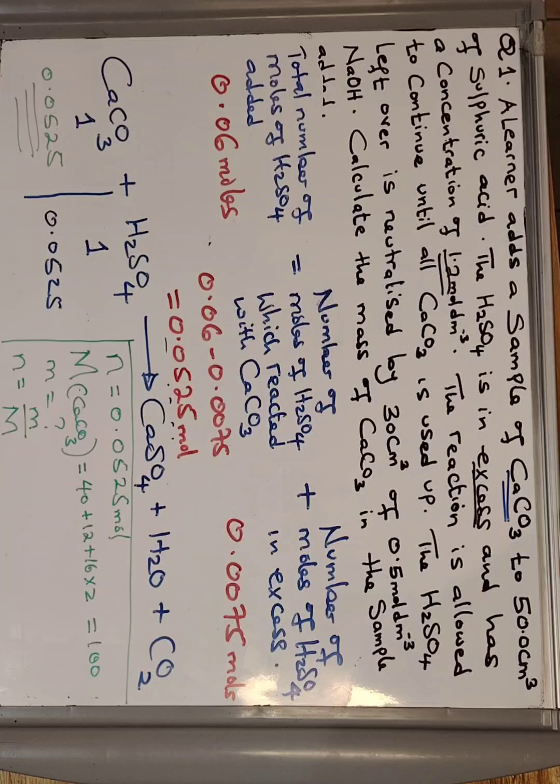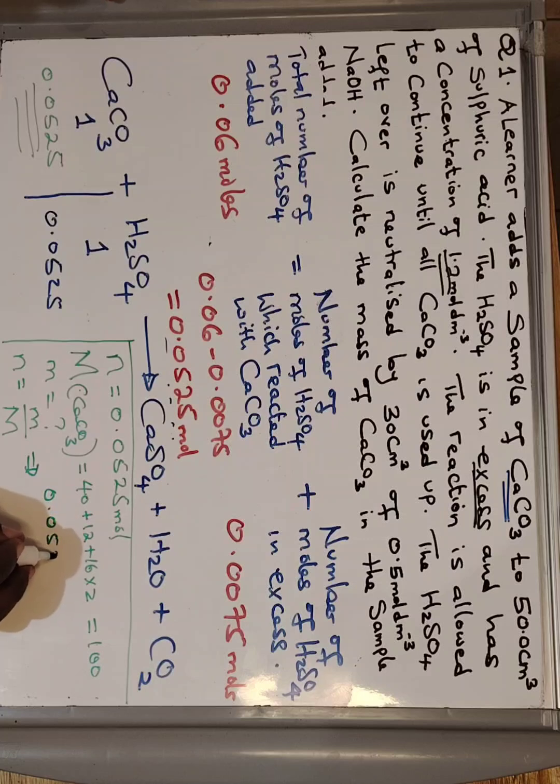So what do we do under this circumstance? You substitute. You substitute for n, which is 0.0525. You substitute for mass, which you don't know, but molar mass is 100.